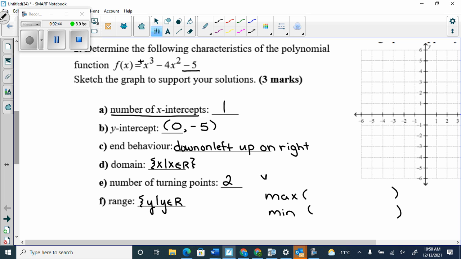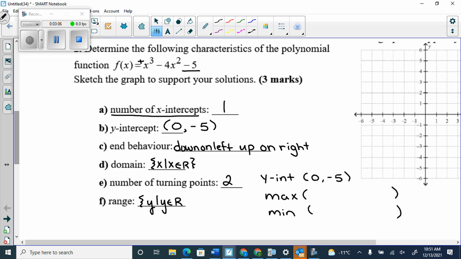And I know I have a y-intercept at (0, -5), so I can plot that. The maxes and mins you have to find specifically using your calculator, because even if you use your table of values, often they don't land in your table of values, right? They're decimal numbers. So everyone should be trying it out. Your y minimum needs to be lower than -10.